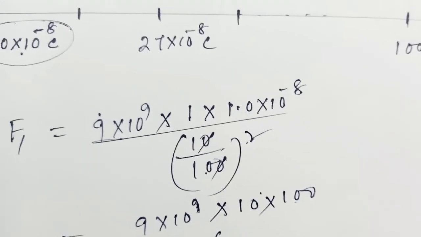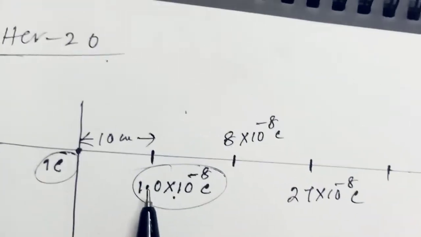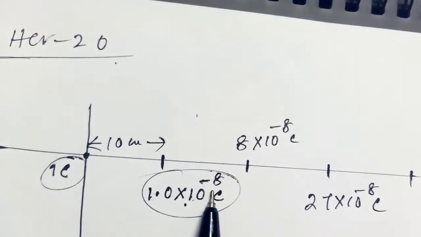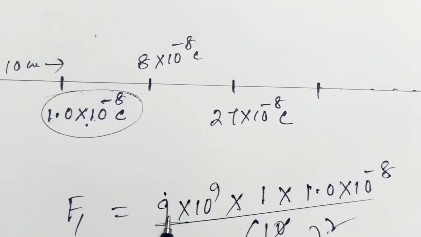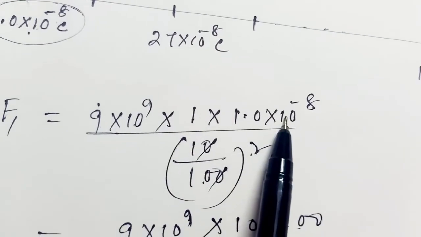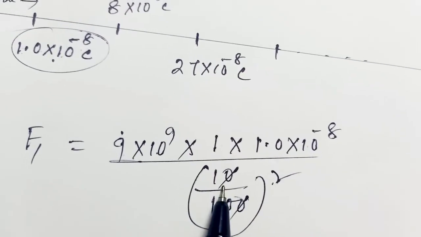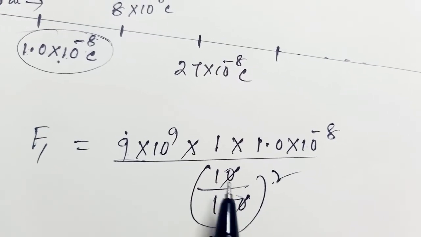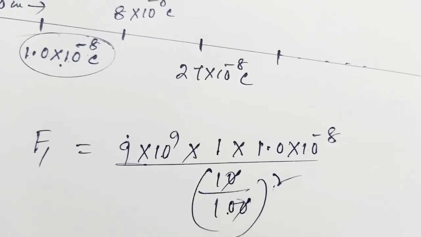So 9 into 10 to the power 9 is the value of k, into Q1 Q2 by R square, with Q1 of 1 coulomb and Q2 of 1.0 into 10 to the minus 8 coulomb. The distance is 10 centimeters, so 10 by 100 whole square. The zeros cancel each other, and 10 square means 100.